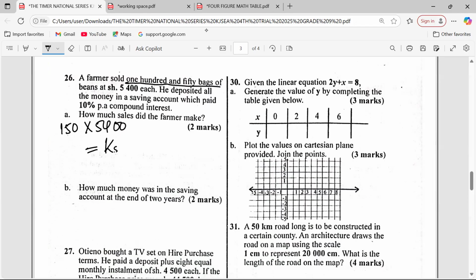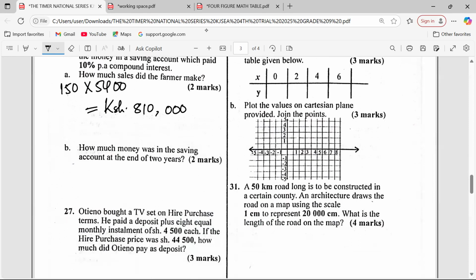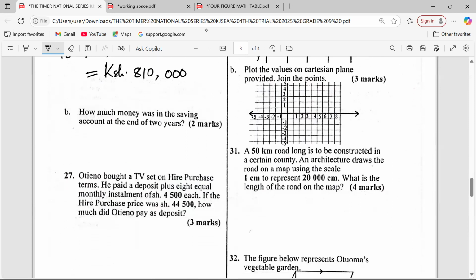So we are going to realize sales of 810,000 Kenya shillings.